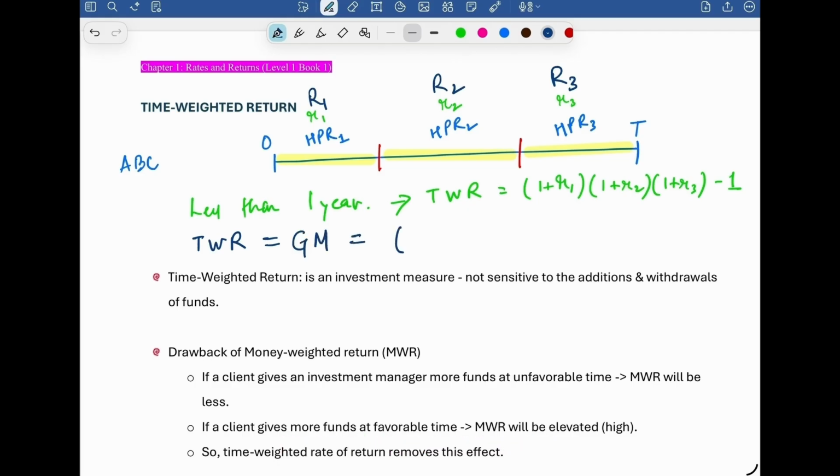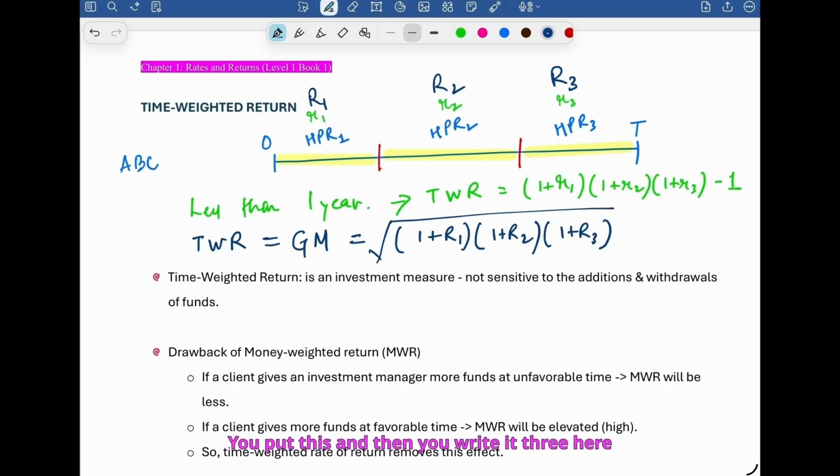That is (1 plus R1)(1 plus R2)(1 plus R3), and since there are 3 years, you raise this to the power of 1 over 3, then minus 1. So basically time weighted return, as I've written here, has two formulas, first and second. I hope you'll remember it.